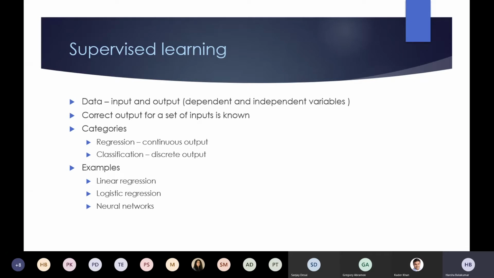Based on this, we have some known relationship between input and output. What the model does is build that relationship. It finds the relationship so that when there is something unknown coming in the form of a new set of inputs, you can predict the output. So this is supervised learning.